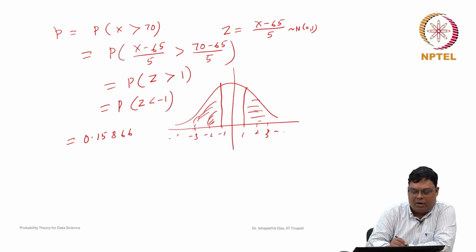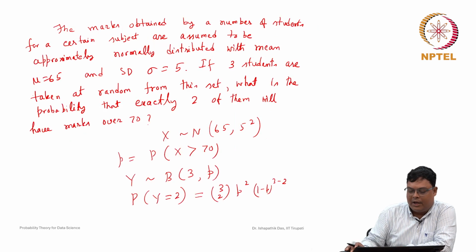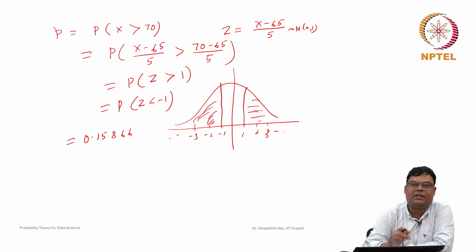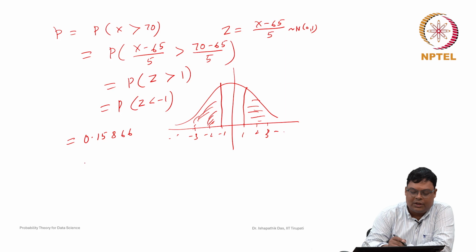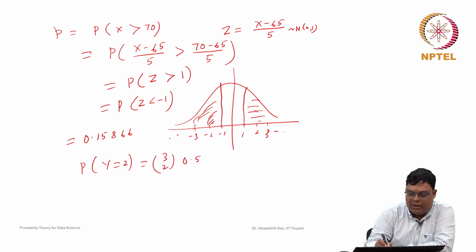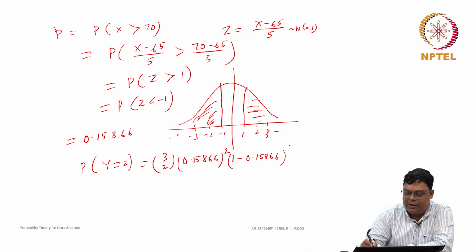Now we have to find the probability that Y is equal to 2: exactly 2 students out of 3 have got marks greater than 70. This is 3C2 times 0.15866 squared, times (1 minus 0.15866) to the power of 3 minus 2, which is 1.